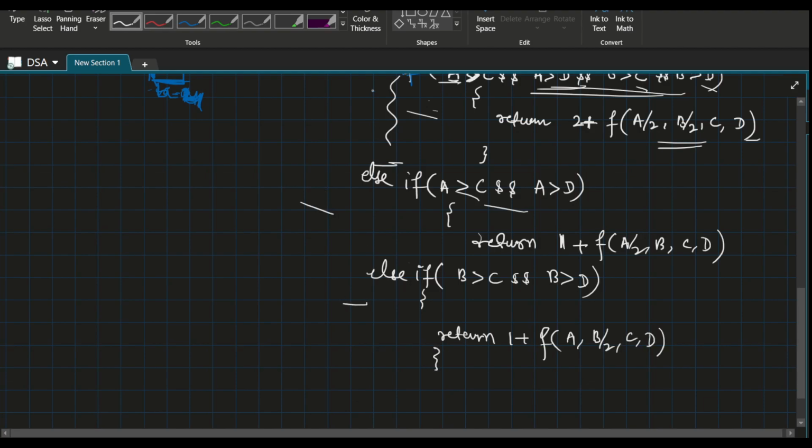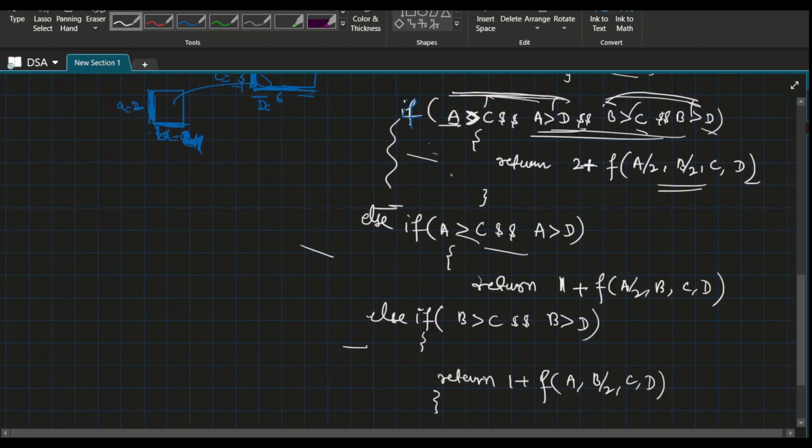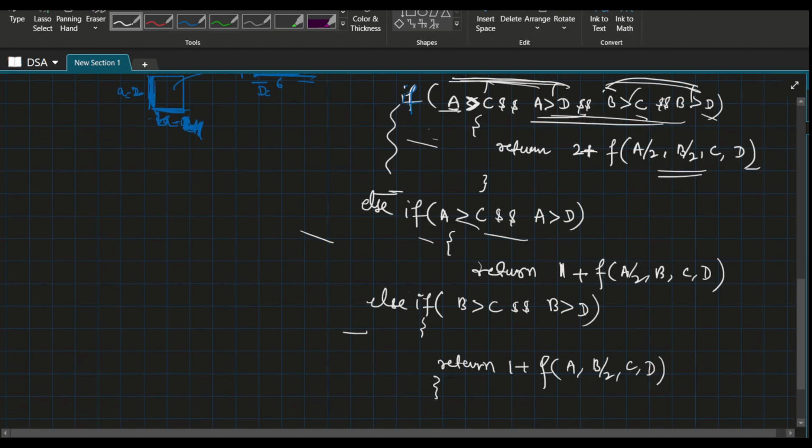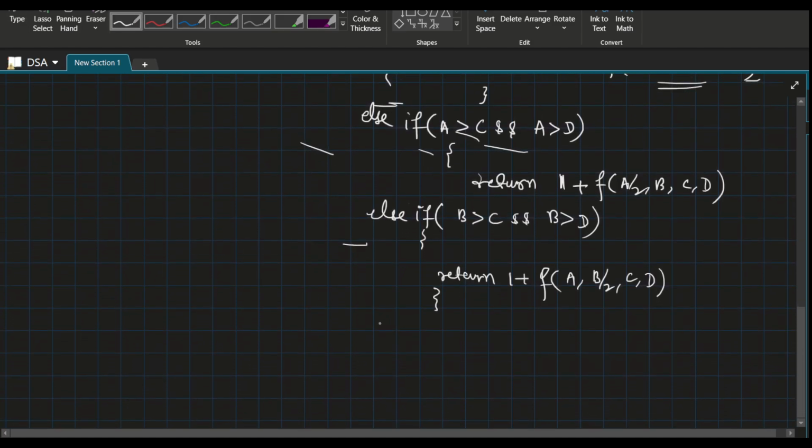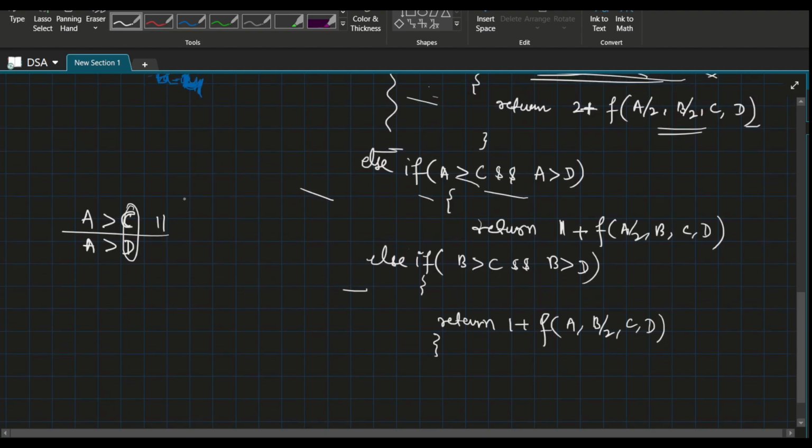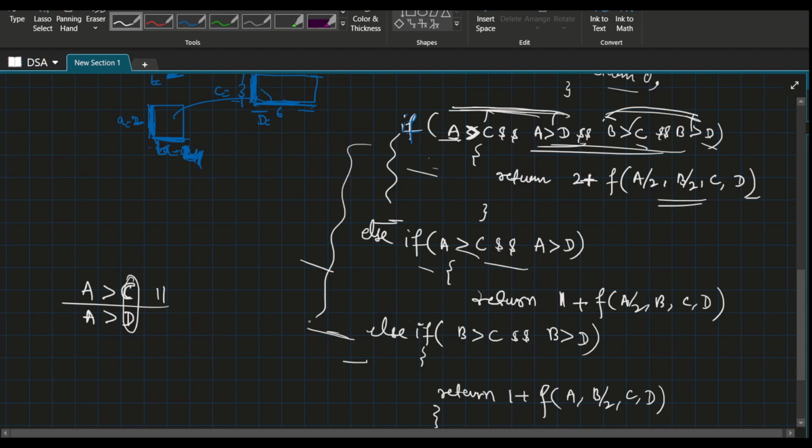If this condition is also false, then we have checked the three conditions: whether both of the carpet lengths are greater than both of the box lengths, or A is greater than both of the box lengths, or B is greater than both of the box lengths. The other condition is that A can be greater than C, or A can be greater than D. But it is not necessary that it is greater than both of the lengths, because if it were greater than both, that case would be covered in the cases we have discussed.